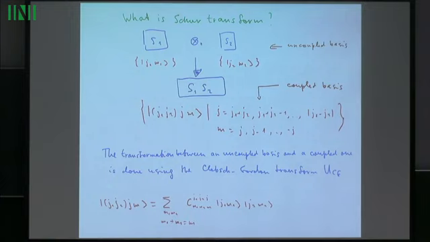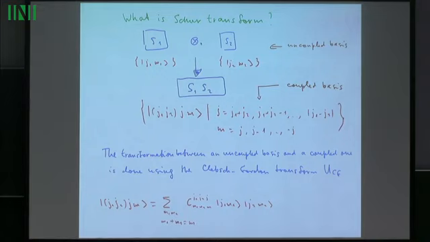So this transformation from a coupled basis to an uncoupled basis is the well-known Clebsch-Gordan transform. It works as follows. For every state, it's a very simple exercise, you can write it down for two qubits.